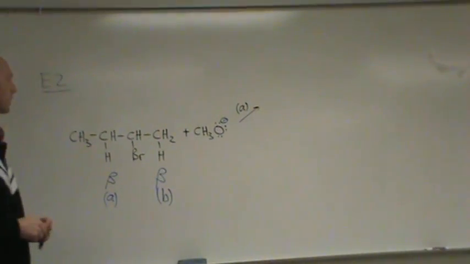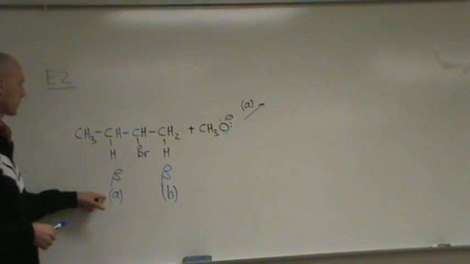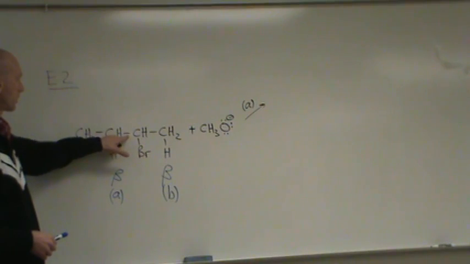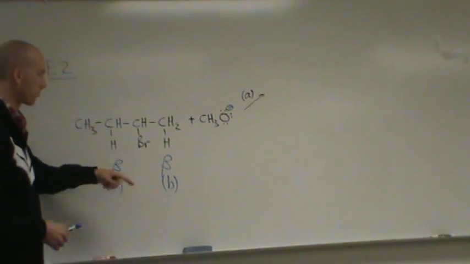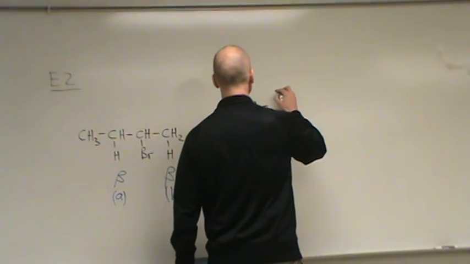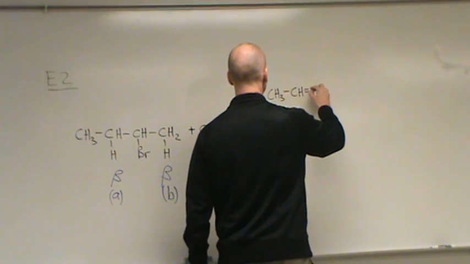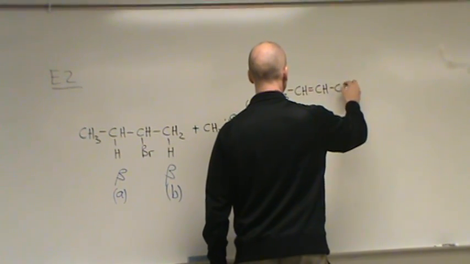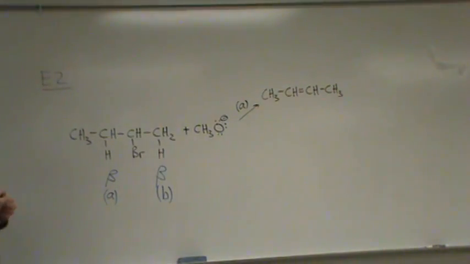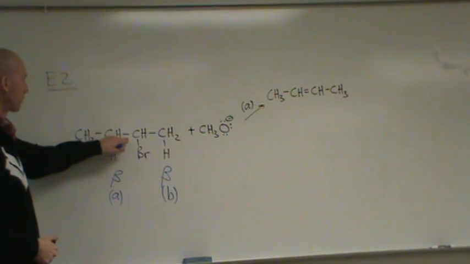If the base attacked the A beta hydrogen, where would the double bond form? Right there, and kick that bromine off. And so we would get that alkene, where the double bond is forming here.